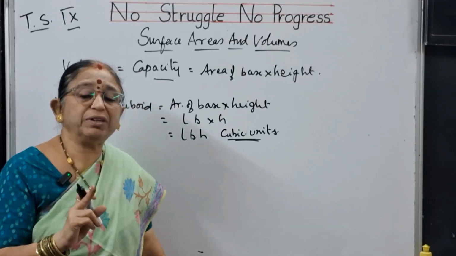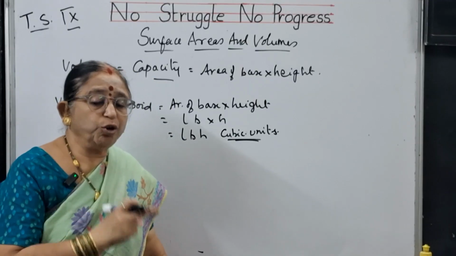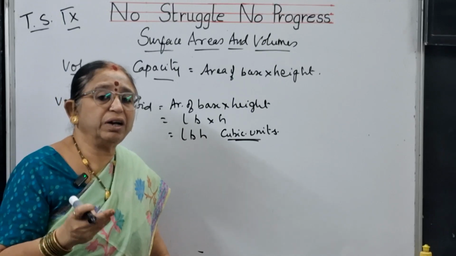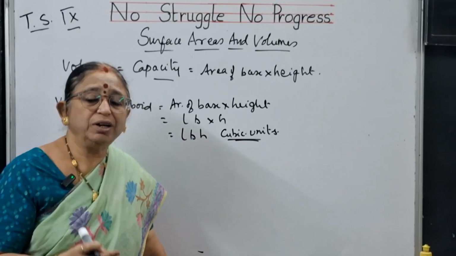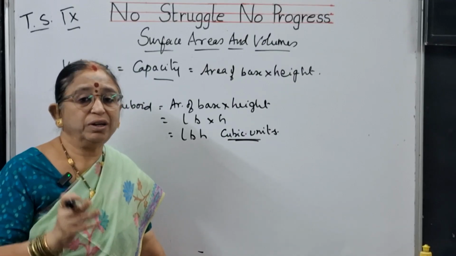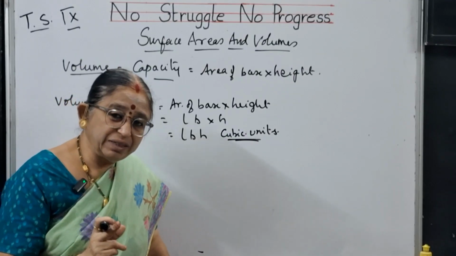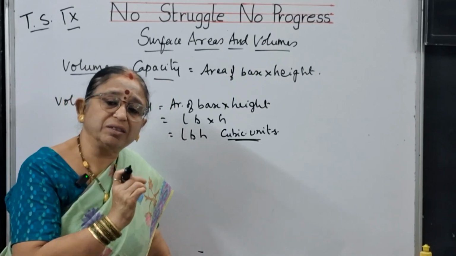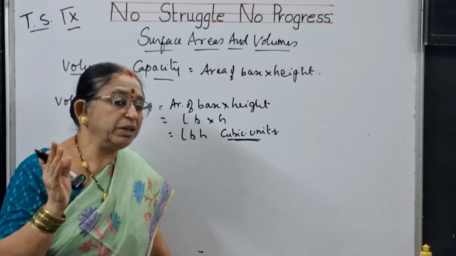Units are very important, children, in this topic. In 10th class you will get this under the name of mensuration. Whatever it is, the units are very, very important. 1 mark is allotted in 10th class for writing units. If you are not writing units, just write the answer and leave it, 1 mark will go.